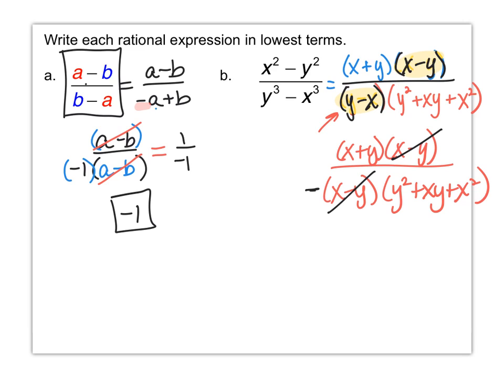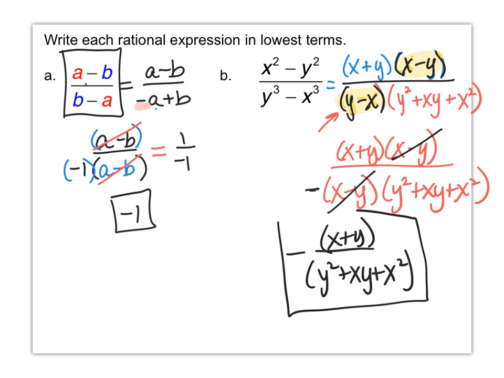We can leave that as a negative out in front of the rational expression with x plus y in the numerator and y squared plus xy plus x squared in the denominator. That minus out in front can also be written in the numerator. And that would be our answer in simplified form, in lowest form.